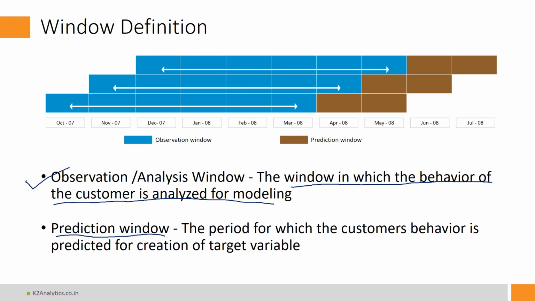Now I build the model. The objective of building a model is to get rules or the equation. Once you have the rule or the equation, can I now plug into it numbers of December, January, February and estimate what will be the behavior in March?